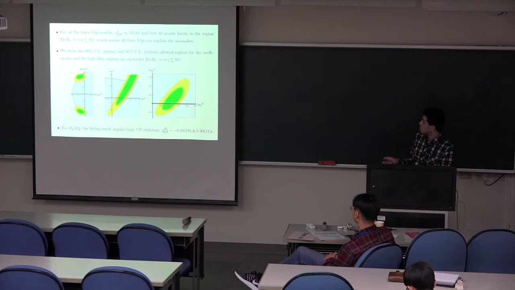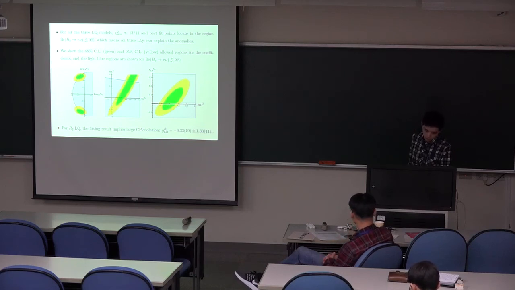In the figure, green and yellow regions are allowed at 68% level and 95% confidence level respectively, and the light blue region is allowed by the BC to tau nu decay.